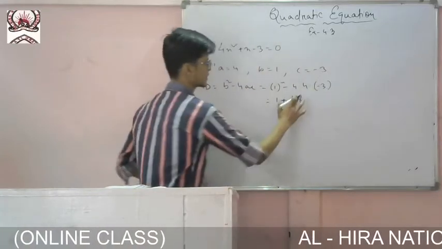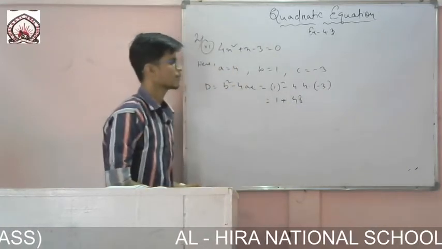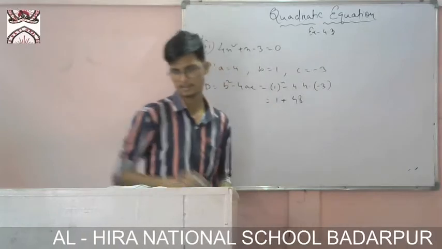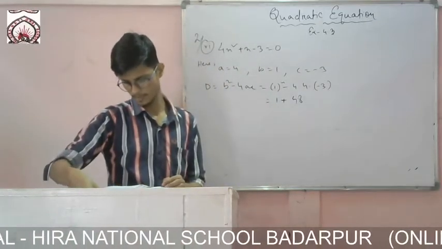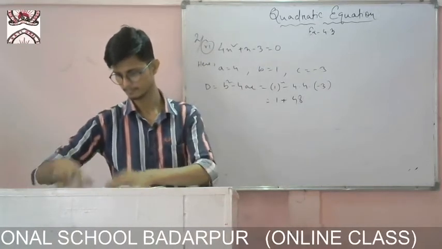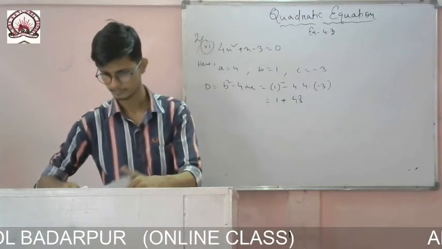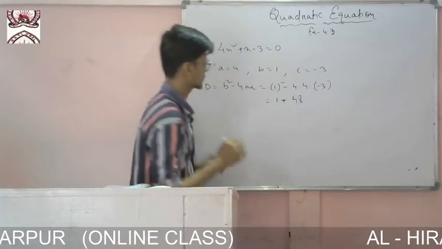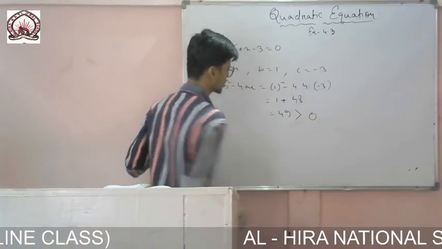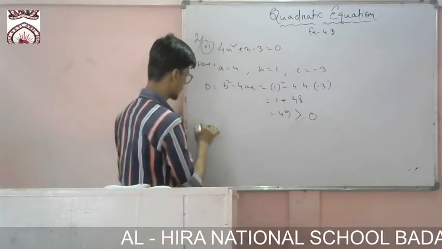Sorry, just got stuck somewhere. So it came 48 plus 1, it is 49, which is greater than 0, so the given equation has real roots.